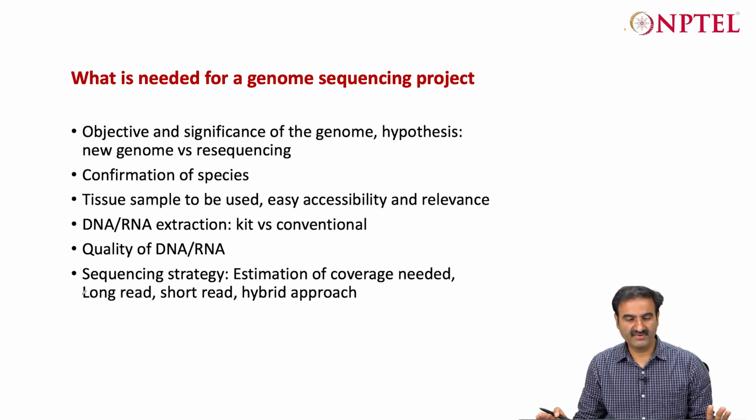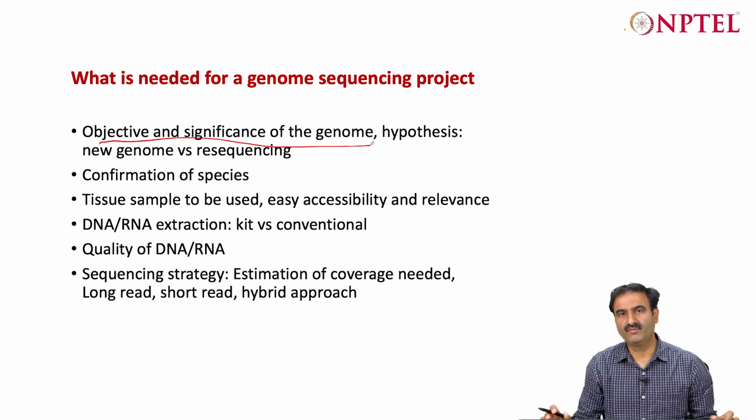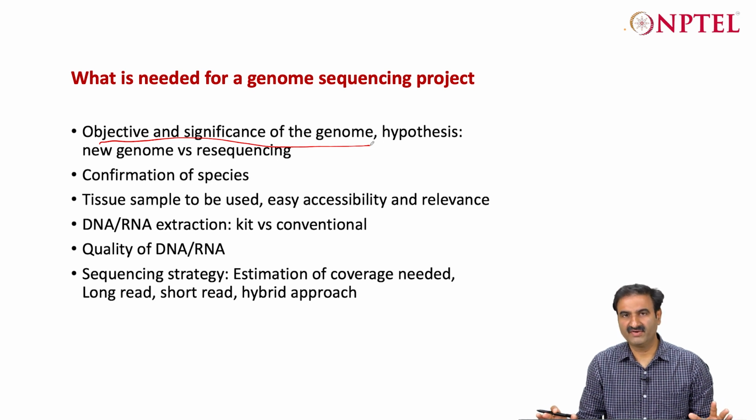Okay, so what is needed for a genome sequencing project? First of all, you should have a clear objective and significance of the genome: what you want to sequence and why, because the earth is full of so many distinct species, in almost every corner of the earth, and it could be a eukaryotic genome or a bacterial genome.